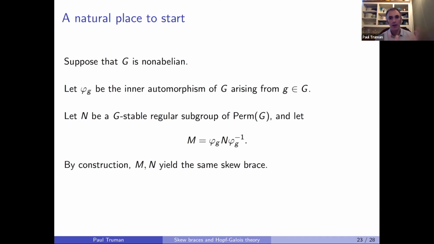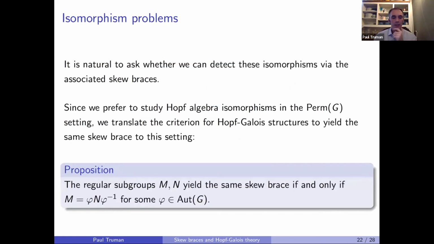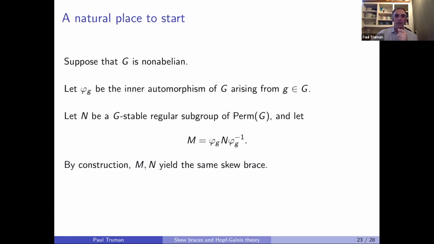So I'm thinking of N and M as being sat inside Perm G. Let me go back one slide. Seeing as the condition that comes up here is that M and N should be related by conjugating by some automorphism of G, it seemed that a natural place to start was to look at inner automorphisms. So let's imagine that G is non-abelian and look at what happens if I take a G-stable regular subgroup and conjugate it by some inner automorphism.